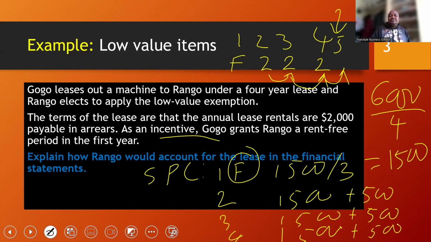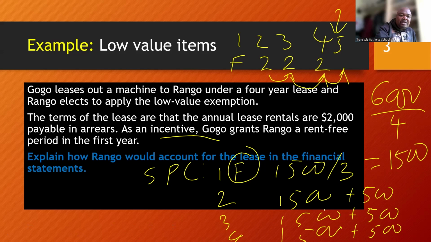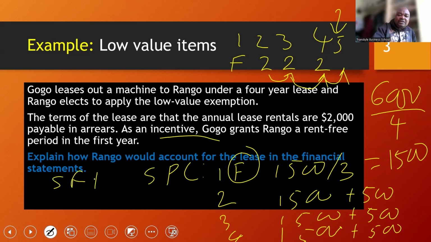Is that clear? So what am I going to do? All right. I said in the statement of profit or loss, the rental expense would be 1,500, every year. However, we then have to say in year one, there is going to be in the SFP, because there was an expense of 1,500, but it wasn't paid, there is going to be something under liabilities.